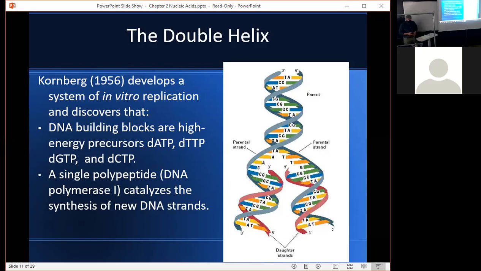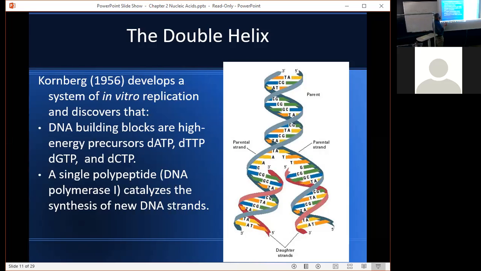Okay, so now we're in 1956. Kornberg develops a system of in vitro replication and discovers that DNA building blocks are high energy precursors, dATP, dTTP, dGTP, and dCTP. A single polypeptide, DNA polymerase 1, catalyzes the synthesis of new DNA strands.